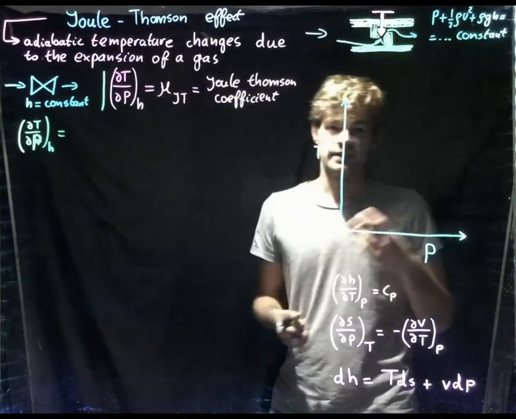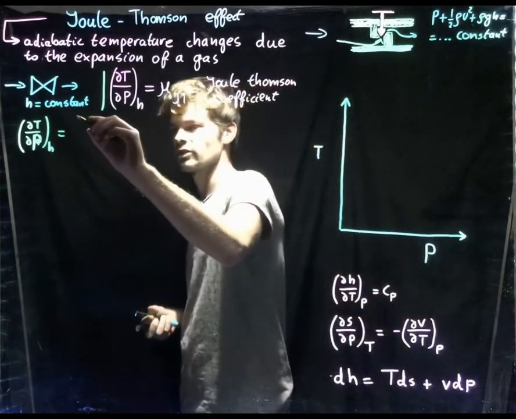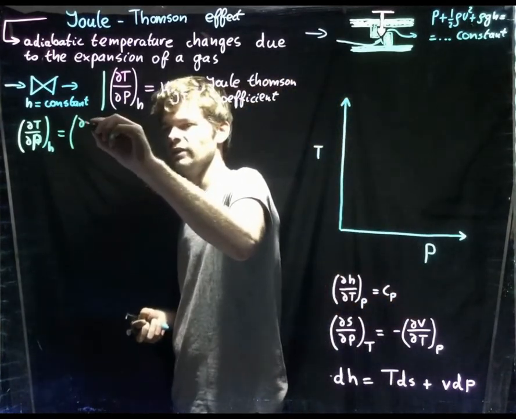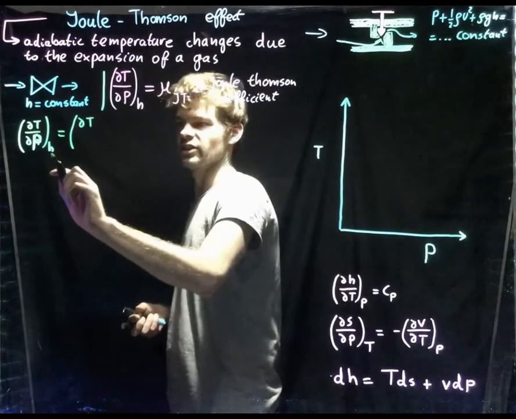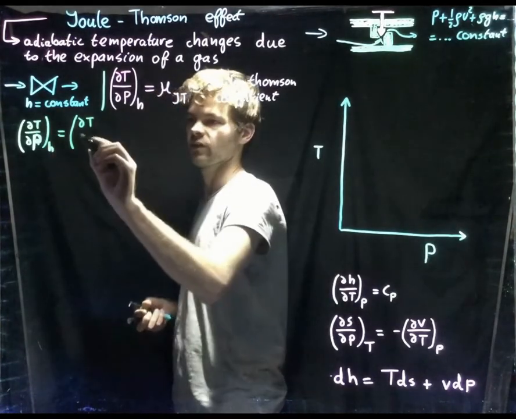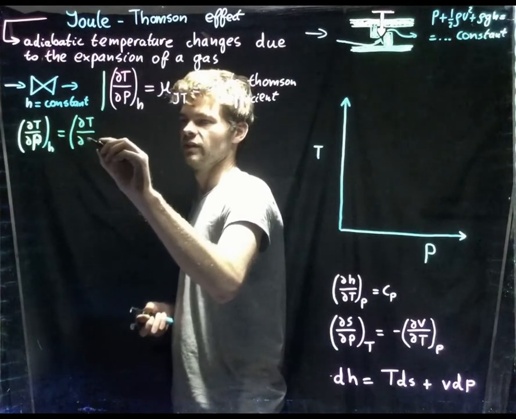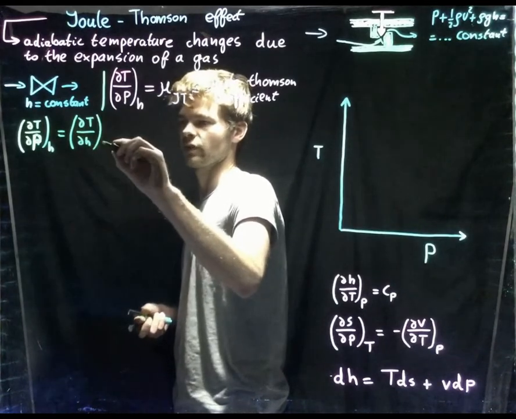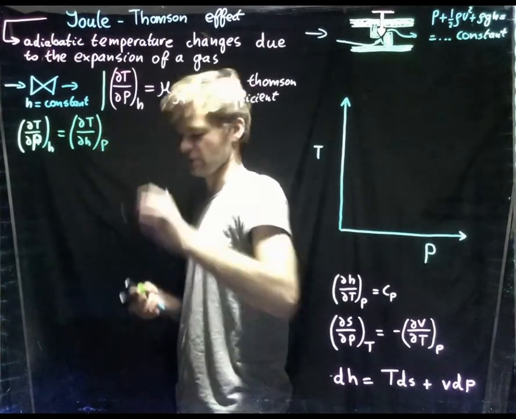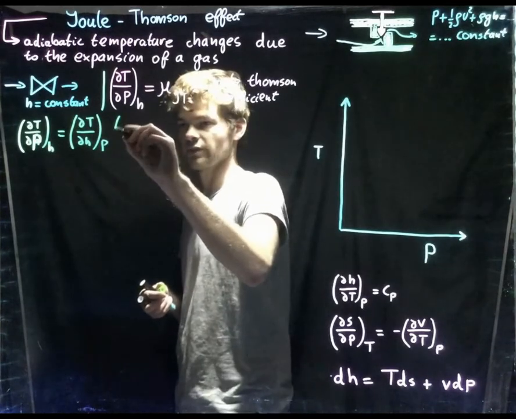And actually this will be equal to, and you can check it yourself, dT/dh for a constant pressure, since h is in this equation, P and T are involved, times dh/dP for a fixed temperature, because pressure isn't in this partial derivative.